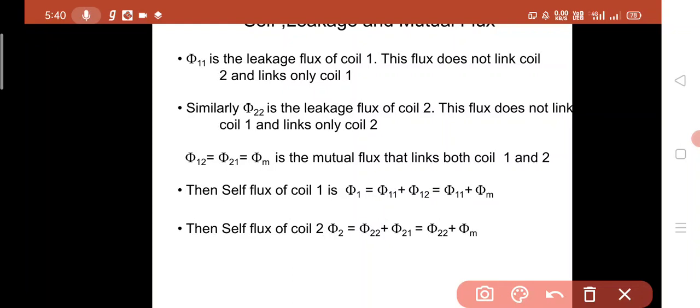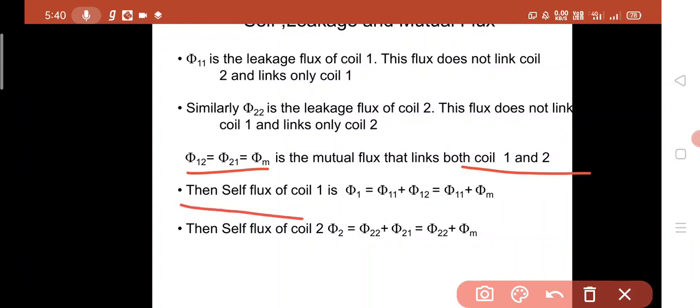This flux also does not link coil 1 and links only coil 2. And next point, phi 12 is equal to phi 21 is equal to phi M, the mutual flux that links both coil 1 and 2.